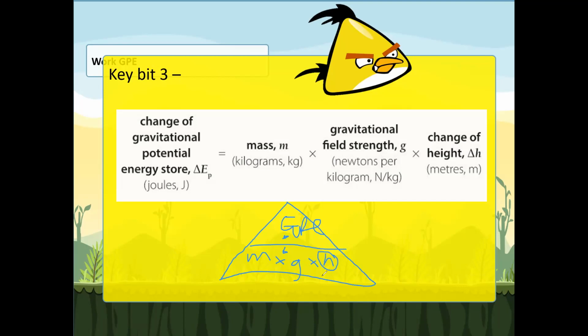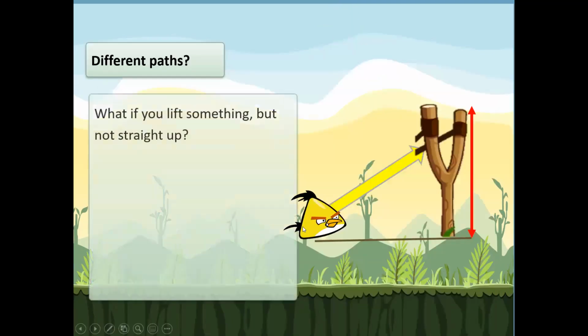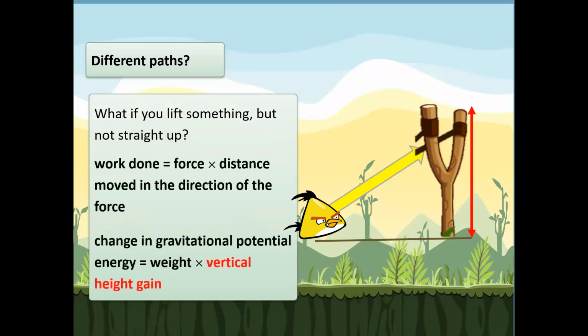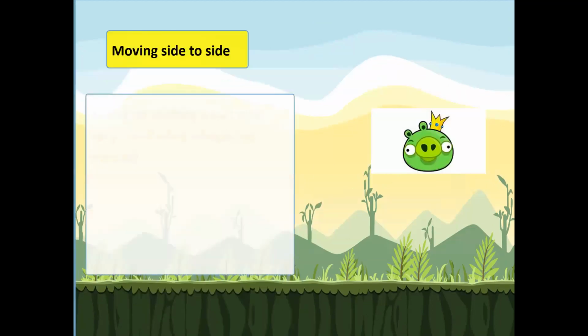If you want to find the mass, you cover the mass, you do GPE divided by gravity times height. It's very easy. Okay, so that is a formula triangle. So now let's look at some few questions.